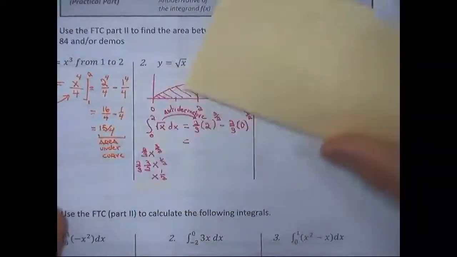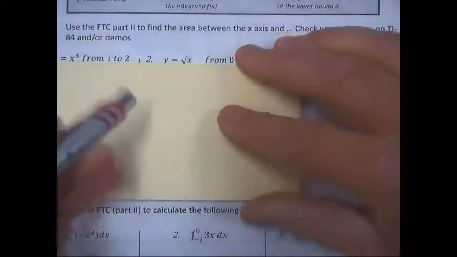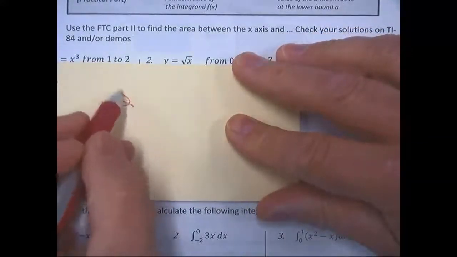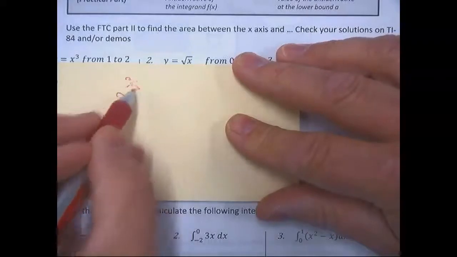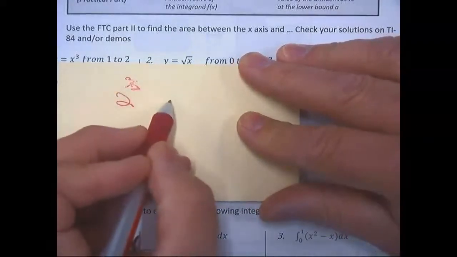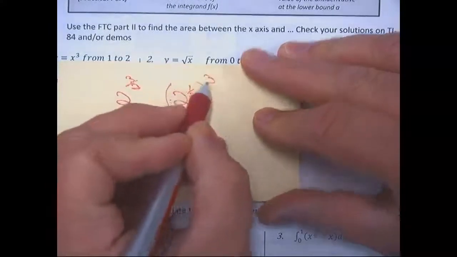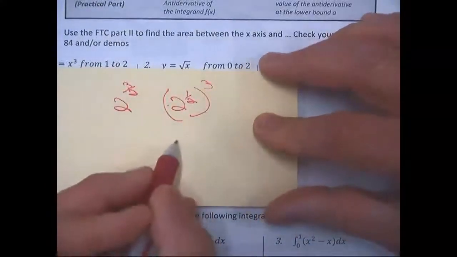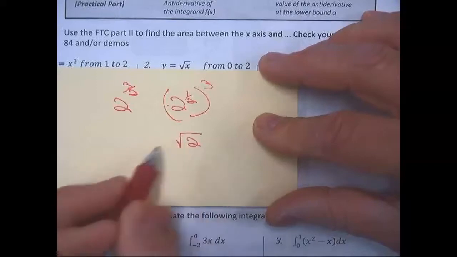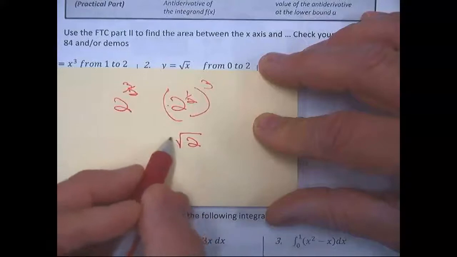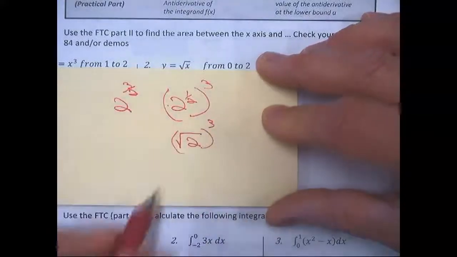So if you had 2 to the 3 halves, that's the same as 2 to the 1/2 cubed, and 2 to the 1/2 is the same as the square root of 2 cubed.